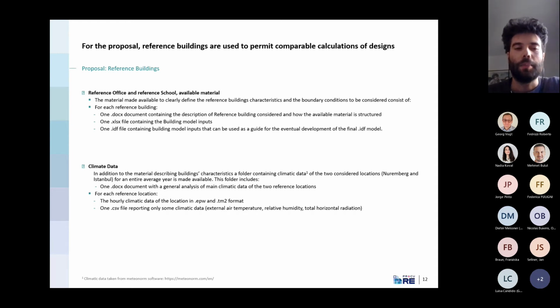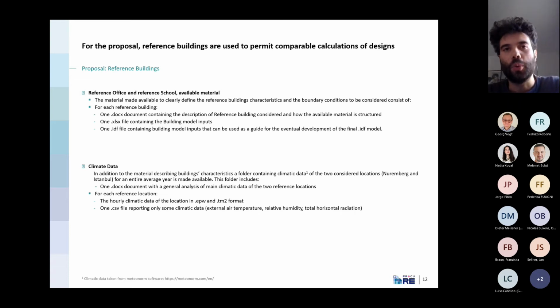The climatic material made available is basically composed of one Word document with a description of the material available, about the location considered, and some analysis of the main quantities: the outside temperature trends and irradiation on the horizontal surface are reported.